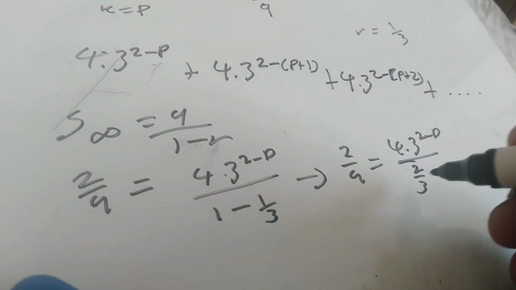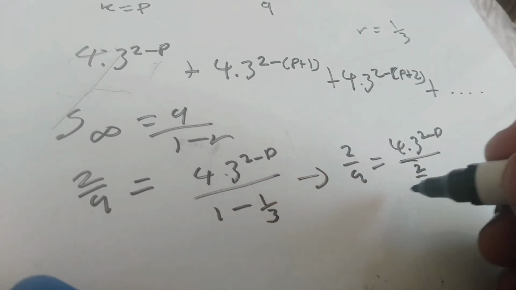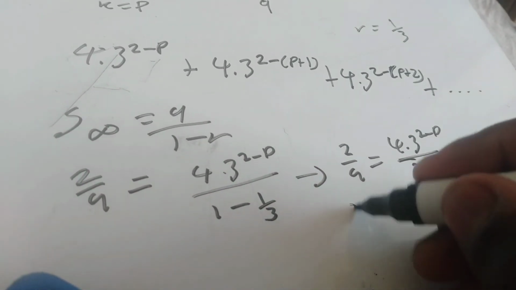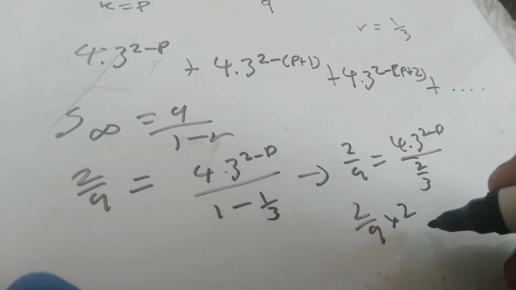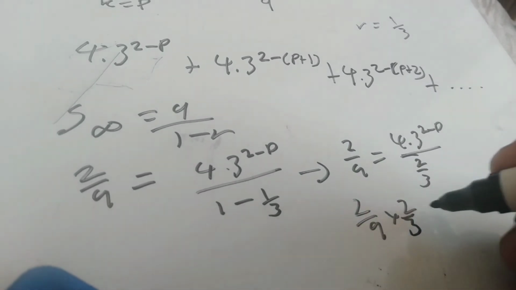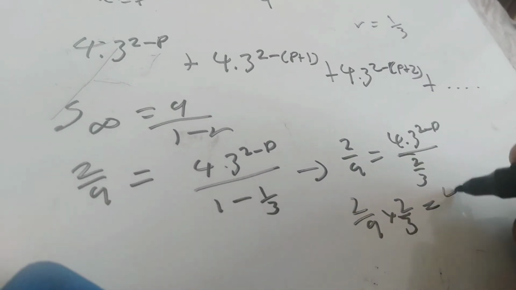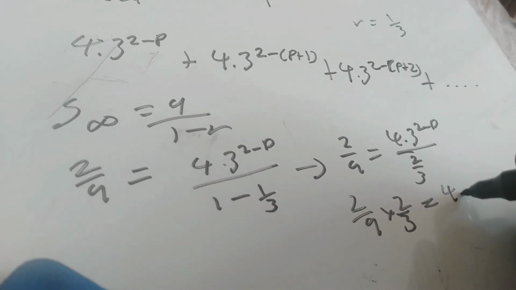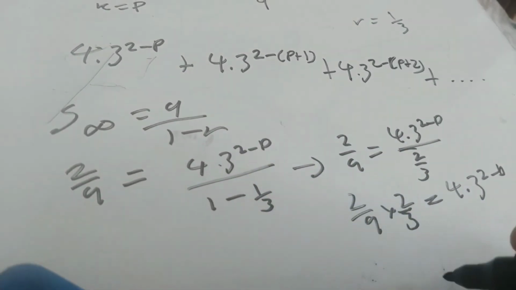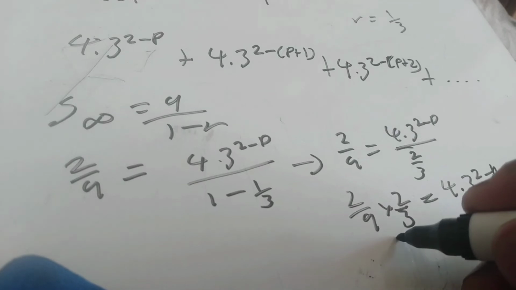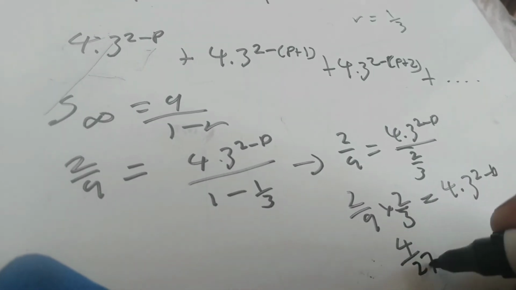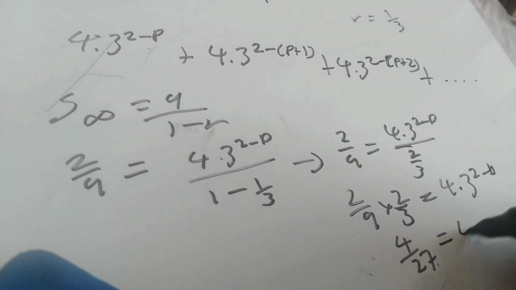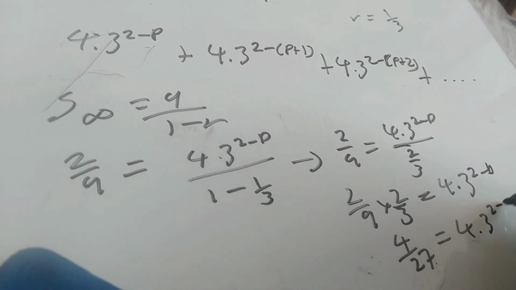And now here you have to cross multiply. So it becomes 2 over 9 times 2/3 is equal to 4 times 3 to the power of 2 minus p. Then this becomes 4 over 27 is equal to 4 times 3 to the power of 2 minus p.